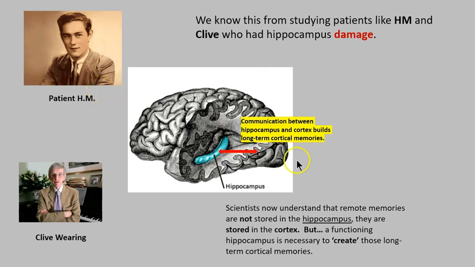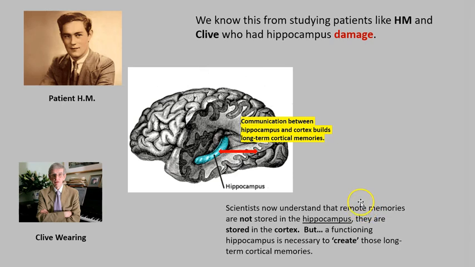And so this led scientists to an important conclusion that the communication between the hippocampus and the cortex builds long-term memories. If you don't have a hippocampus, you can't install new long-term memories in the cortex. You can't strengthen them, as we'll see. But you don't need a hippocampus to retrieve already well-stored memory traces in the cerebral cortex.